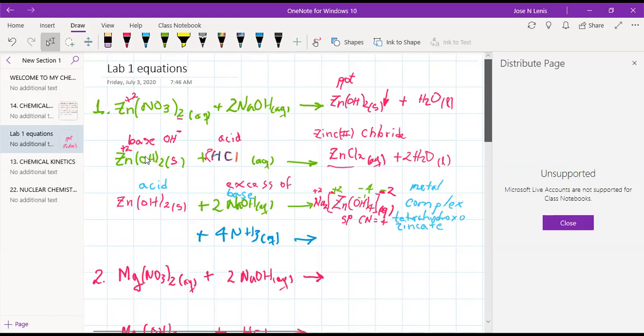Here the hydroxide reacts with acid, therefore it behaves as a base. And this actually forms a new compound. There's a reaction. Here also there's a reaction. So that means the hydroxide here behaves as a base against hydrochloric acid, and the hydroxide behaves as an acid against a strong base.